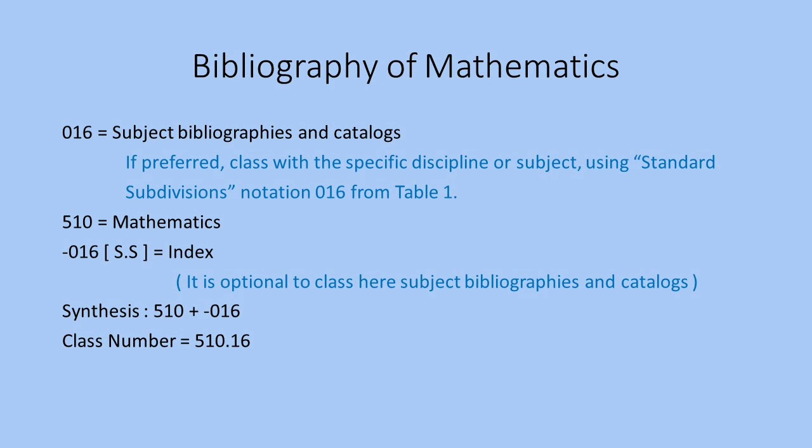So if in our main class there is already a 0 as the last digit, we have to remove the 0 from the standard subdivision. That's why I have taken 510 and removed the 0 from the standard subdivision, and I have taken only the 1 and 6.